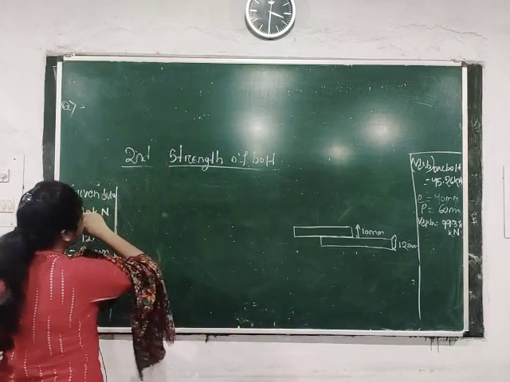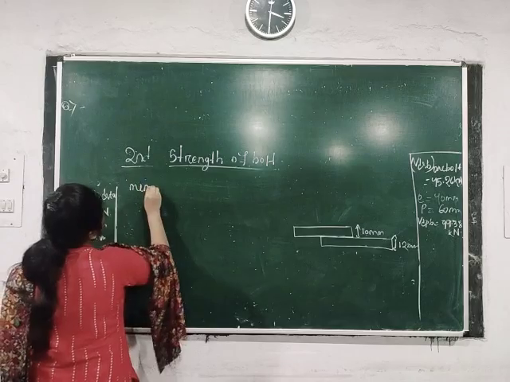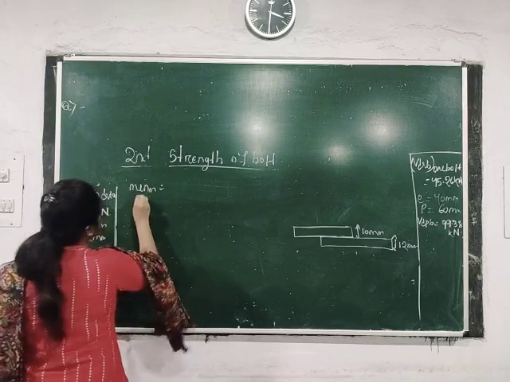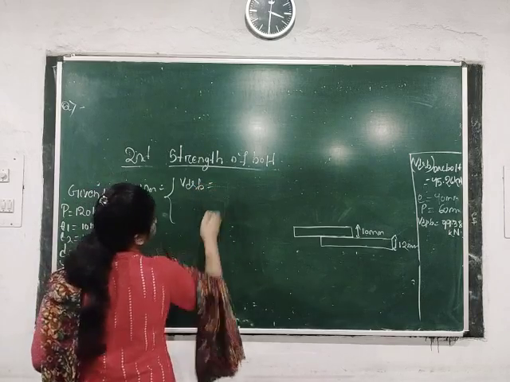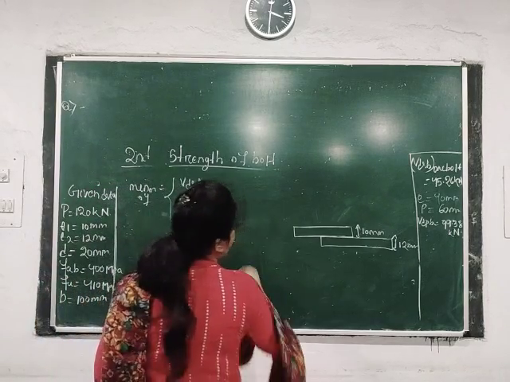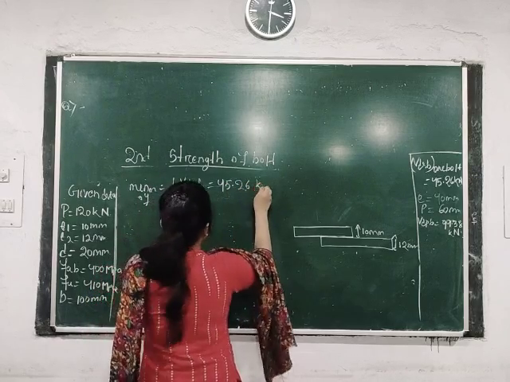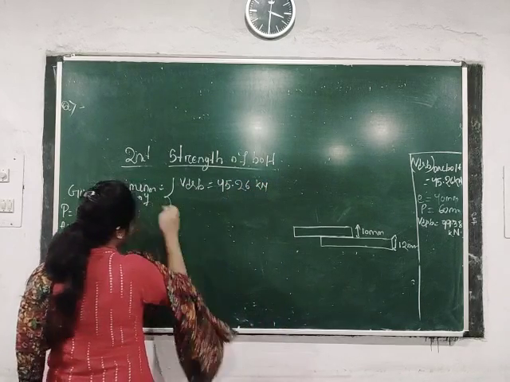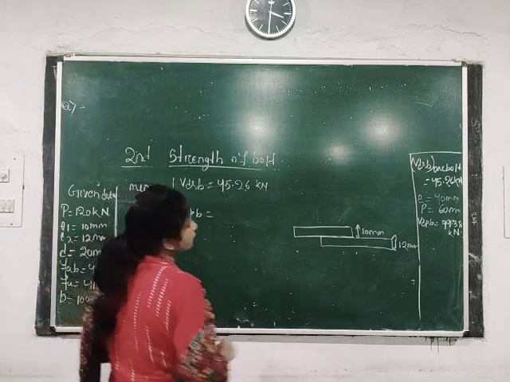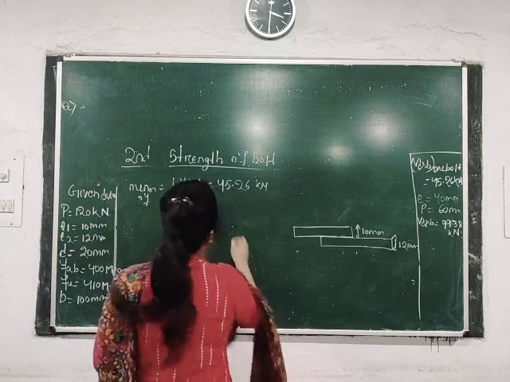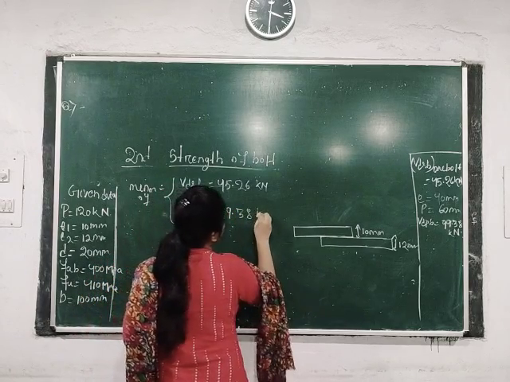So the design strength of bolt will be the minimum of the design shear capacity of bolt, that value we have calculated is 45.26 kilonewton, and the design bearing capacity of bolt, that is 99.38 kilonewton.